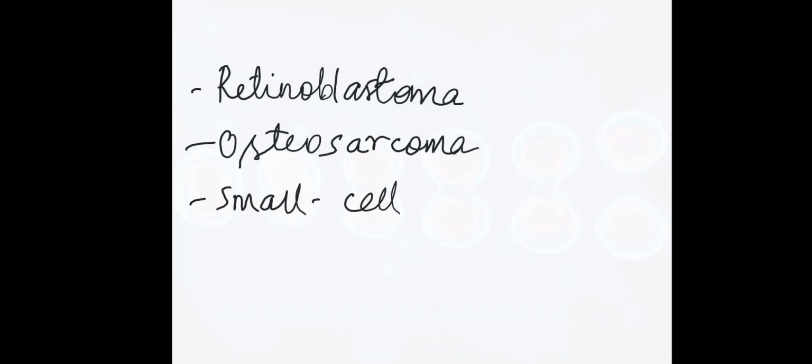Another one is osteosarcoma, which is also a loss of function mutation of the RB gene, and small cell lung carcinoma. All these are caused by loss of function mutation of the RB gene.